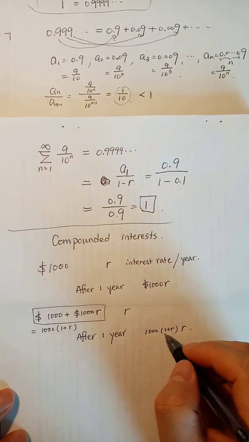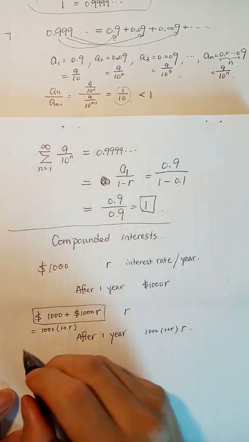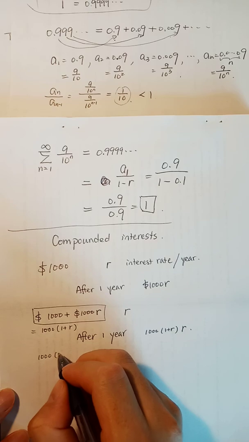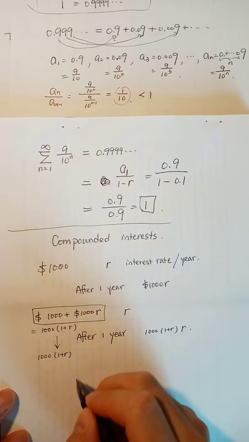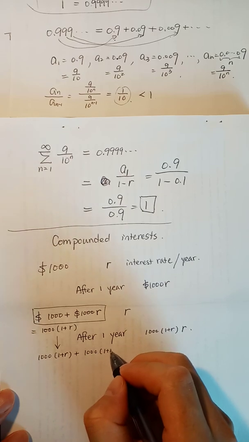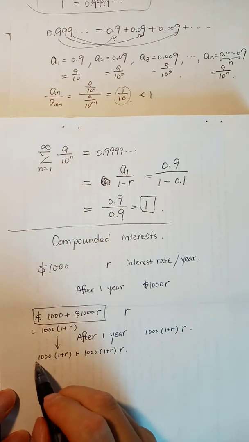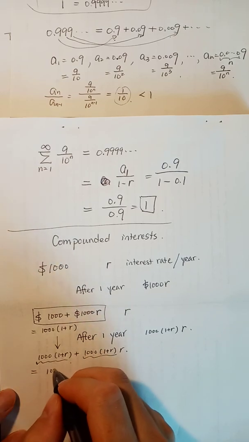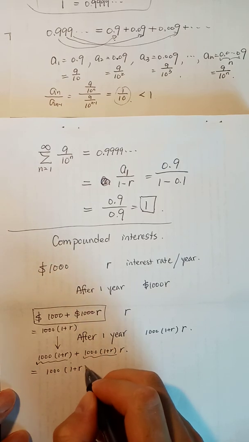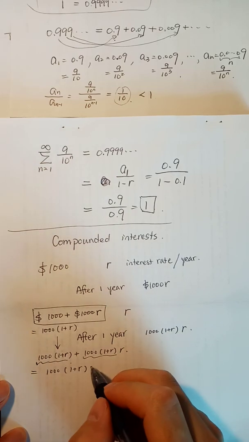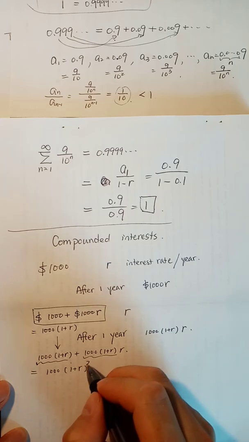And after 2 years, your principal is this, and your interest is this. Common term, you factor it out, it is equal to 1,000 times (1 plus R) squared.